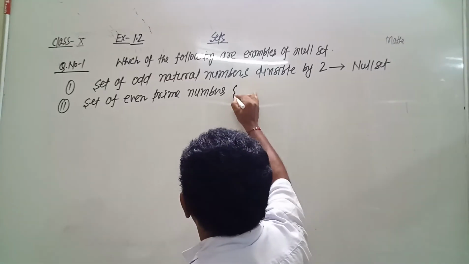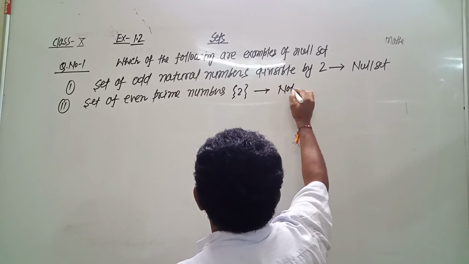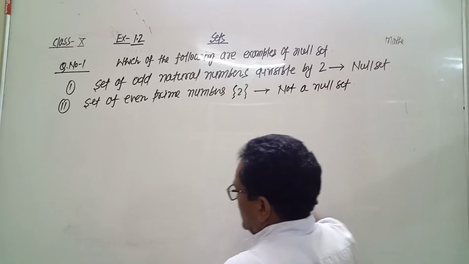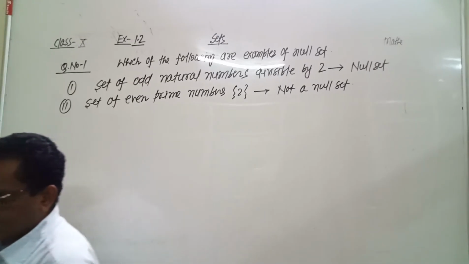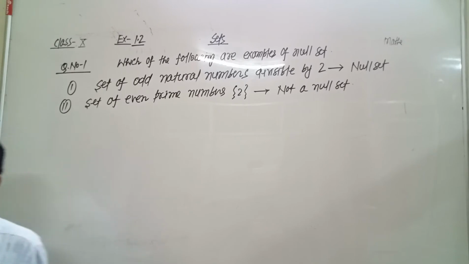So it has one element 2. So it is not a null set because 2 is the even prime number. So this set has element 2. So this is not a null set.